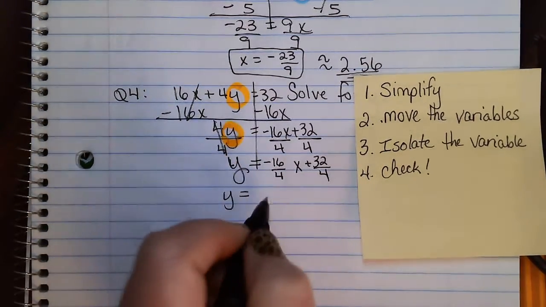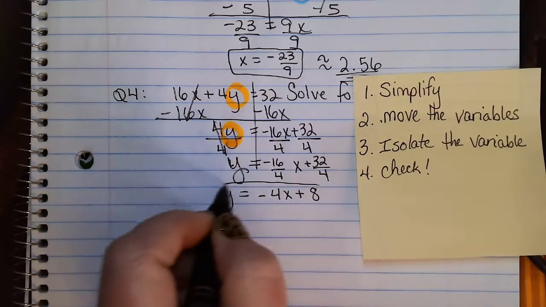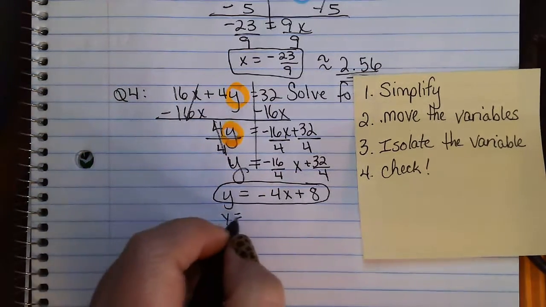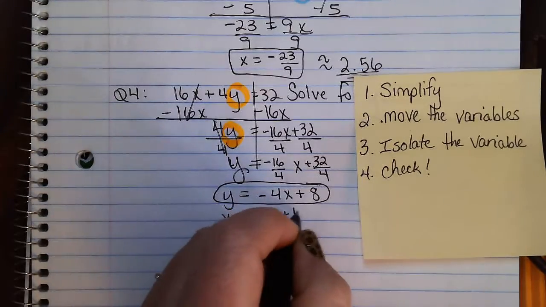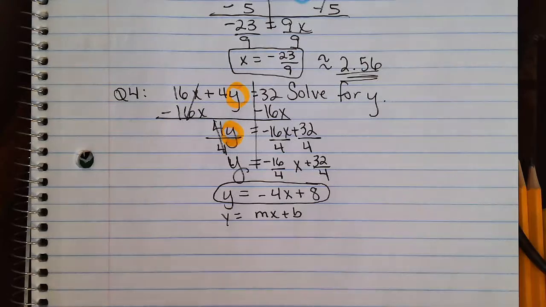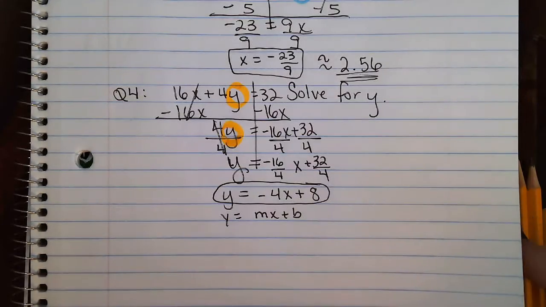Y equals negative 4x plus 8. That is my rearranged equation that is now in slope-intercept form. Okay? Now from this, we can discover our slope and our y-intercept, and that's what we are going to do on question 5.